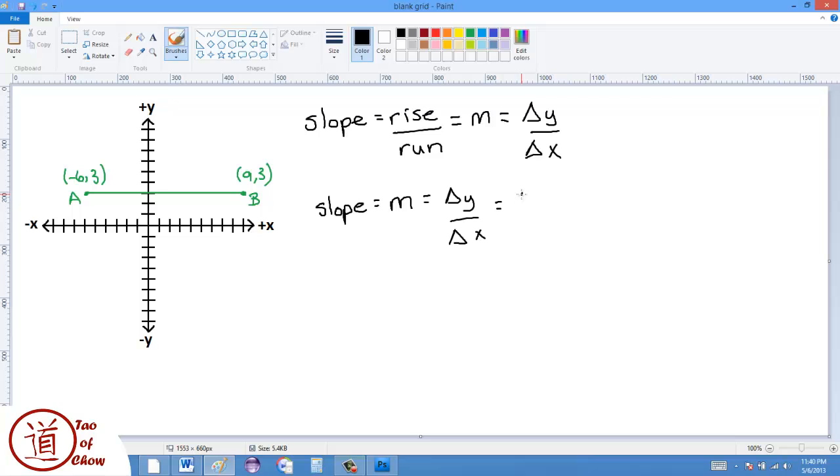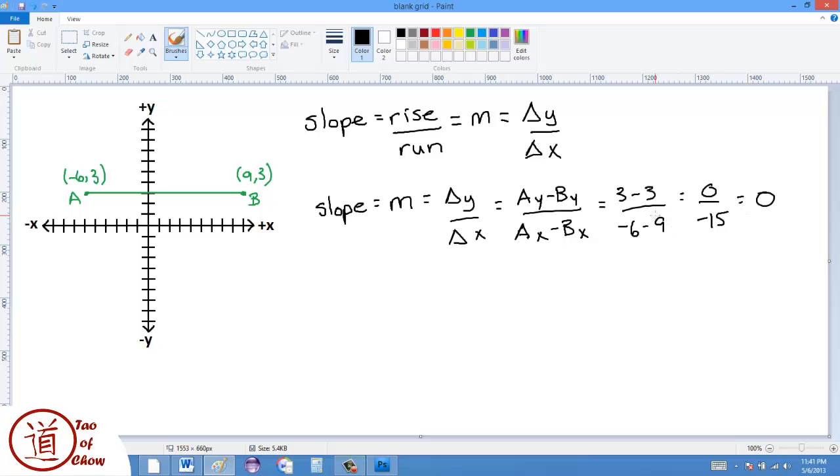So I have ay minus by, and the x values went from ax to bx. So ay is 3 minus 3, and ax is -6 minus 9, and we get 0 over -15, which is 0.